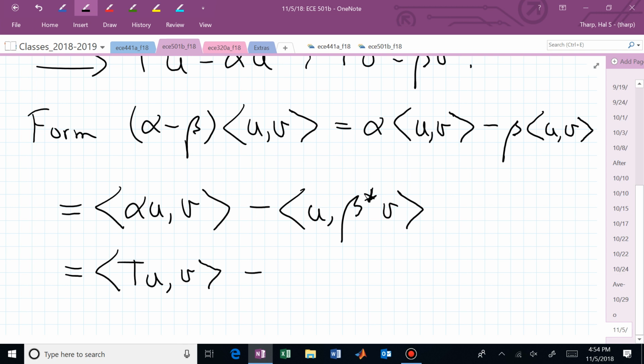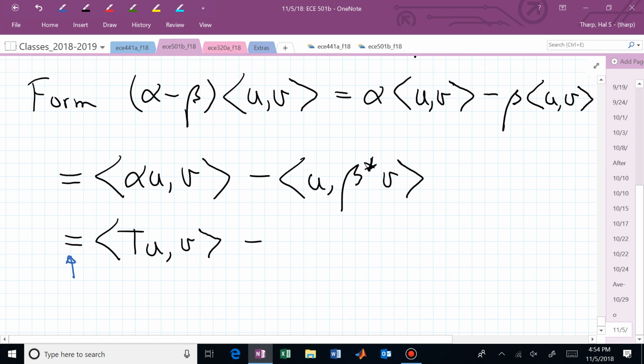Now that's associated with t dagger because what? T was normal. So now I'm using the fact that t was normal. I think I said that was Corollary 7.21, that t is normal. So that now I have u inner product with t dagger v.